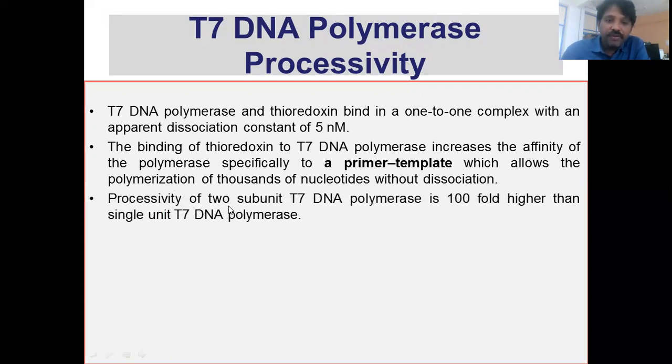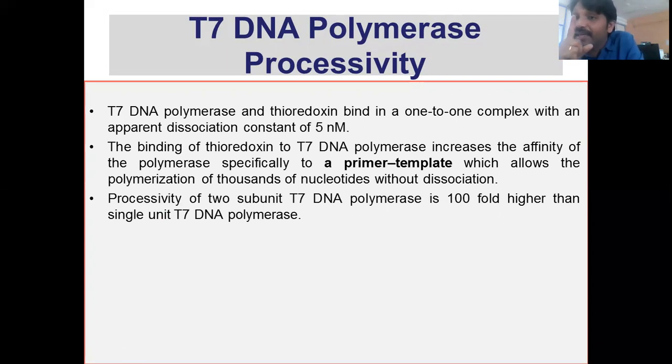So the processivity of the two-subunit T7 DNA polymerase is 100-fold higher than the single-unit T7 DNA polymerase. When T7 DNA polymerase binds with thioredoxin, the processivity is 100-fold higher.